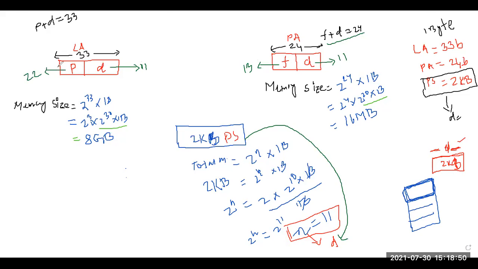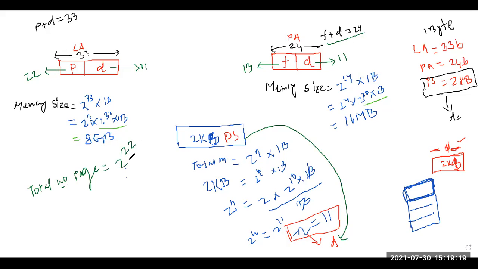As we know, p represents the number of pages. How many locations are possible in secondary memory? The total number of pages possible in secondary memory is 2 to the power of 22.